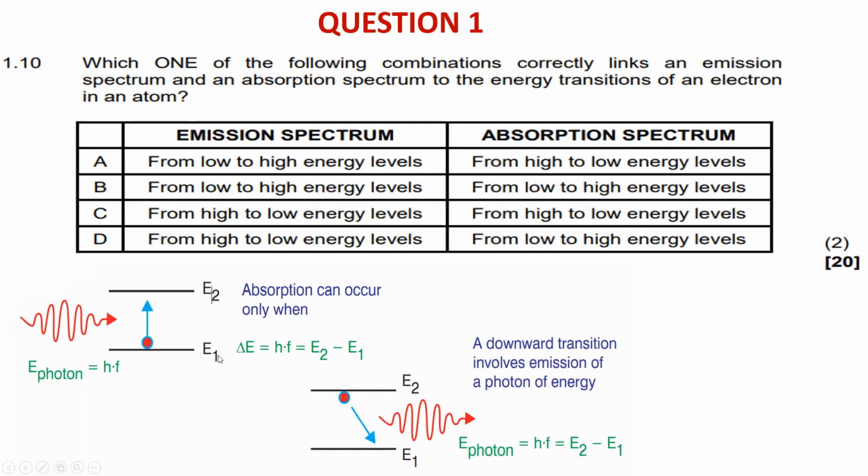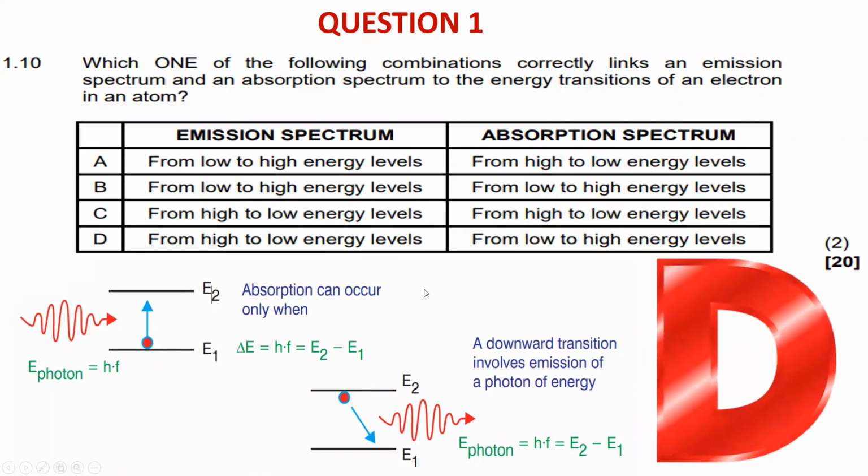So from lower to higher energy level, absorption, as you see, and from high to low energy level, emission. Because of that, our answer is from high to low energy level, emission spectrum, and from low to high energy level, absorption. So that is our answer D.